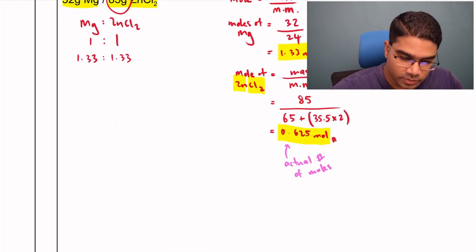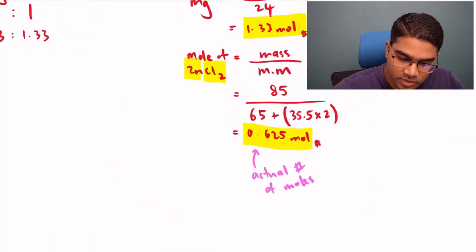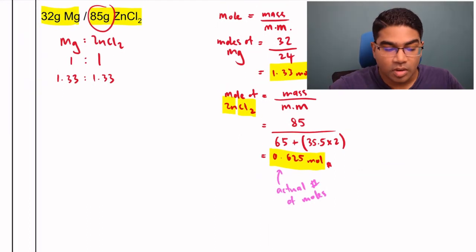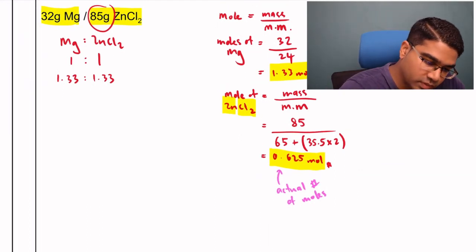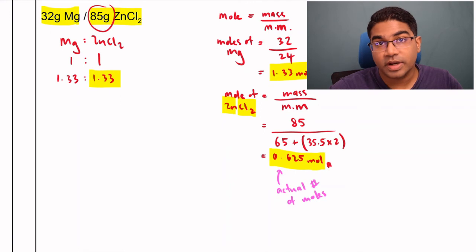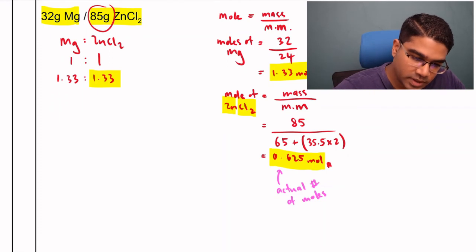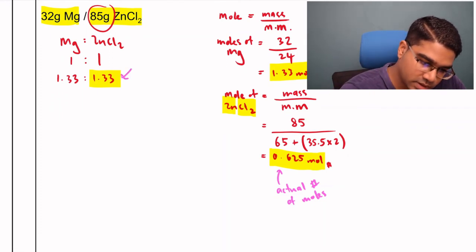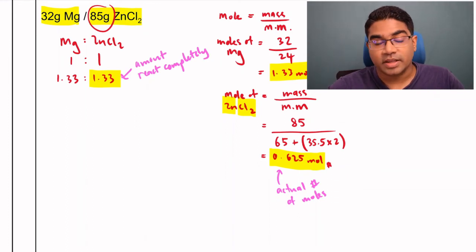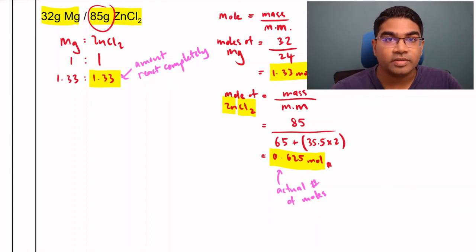So let's compare the two. The actual number of moles is 0.625, whereas 1.33 moles of zinc chloride is needed to react completely with 1.33 moles of magnesium. So the amount that would react completely is more than what is actually there, which means what is actually there is not enough.